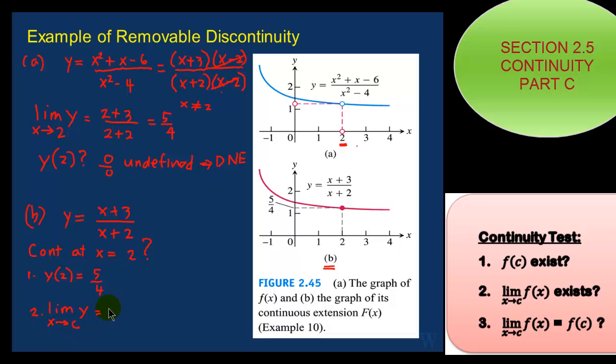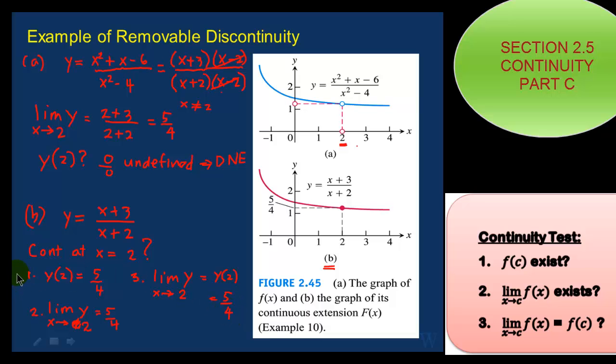It's also 5 over 4, which makes number 3 that the limit of y as x approaches 2 equals our function value y of 2, which is 5/4.